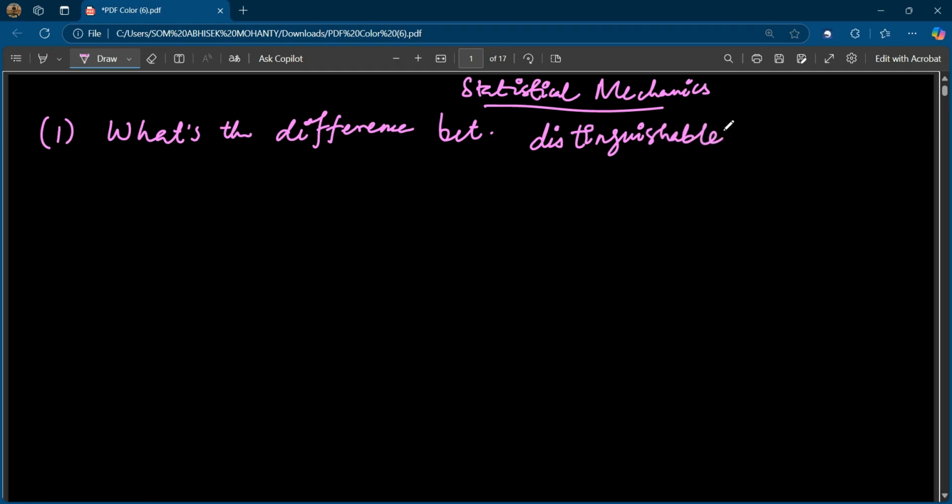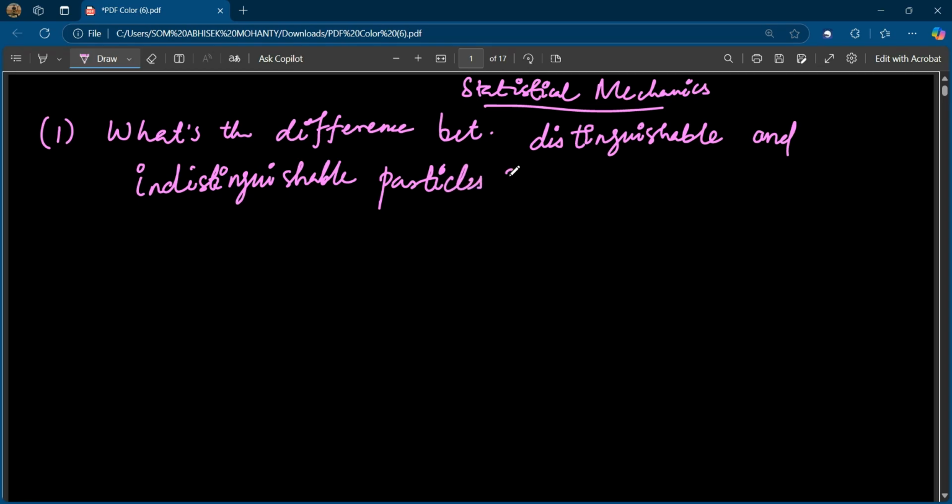How do you distinguish between distinguishable and indistinguishable particles? That is the question.